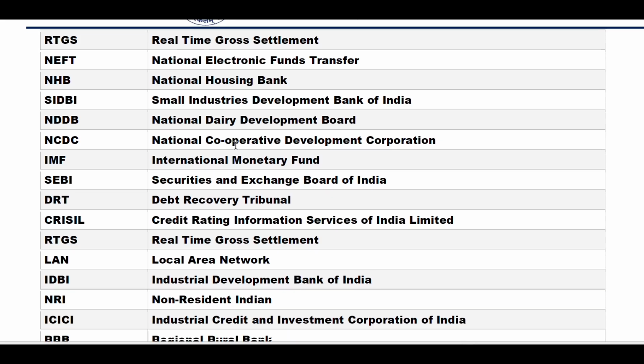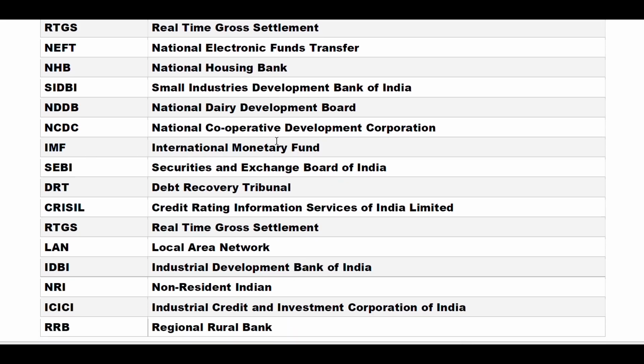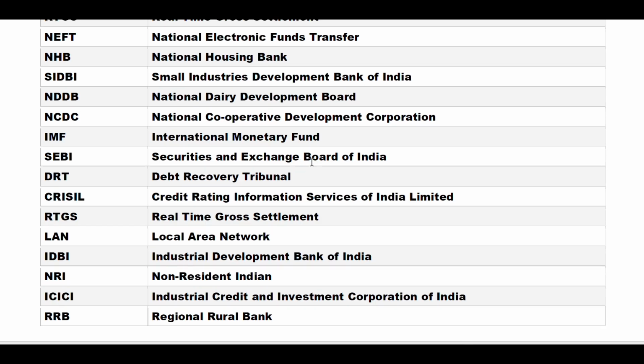NDDB, National Dairy Development Board. NCDC, National Cooperative Development Corporation. IMF, International Monetary Fund. SEBI, Securities and Exchange Board of India. DRT, Debt Recovery Tribunal. CRISIL, Credit Rating Information Service of India Limited. RTGS, Real-Time Gross Settlement.